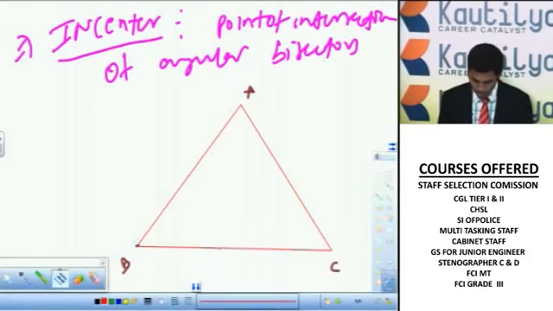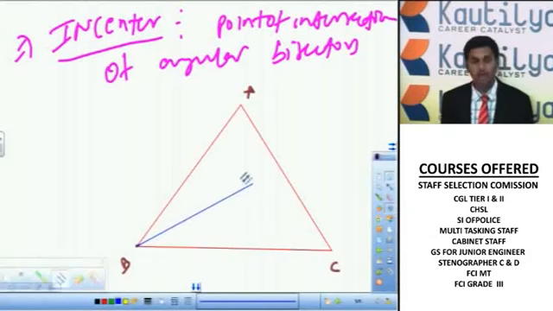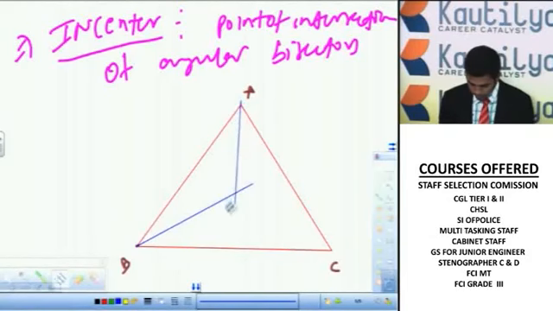Angular bisectors to this particular vertex will be this one angular bisector, and the second angular bisector for this will be this one, and similarly the third angular bisector for this particular vertex C will be this.